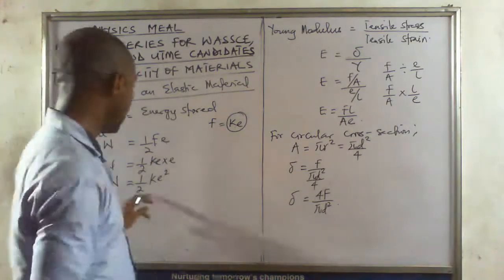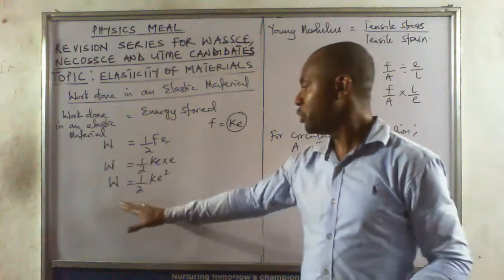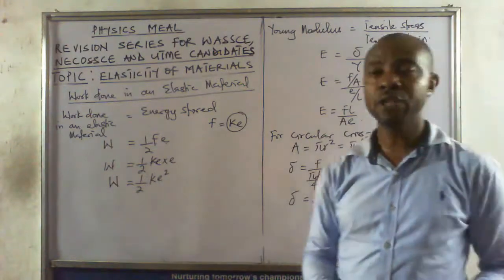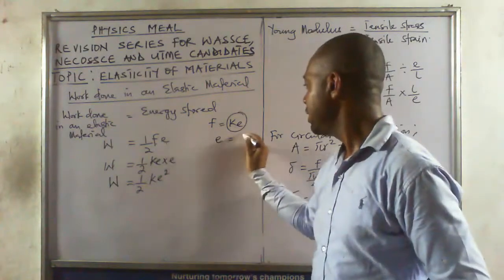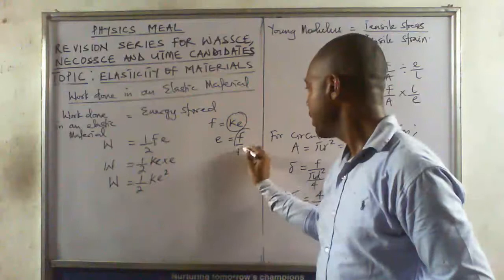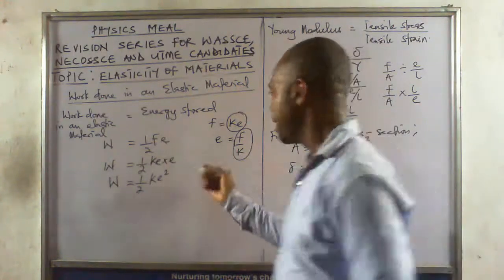And if I'm given the force constant and the extension, then I'm going to use what? The second expression. Supposing I'm given the force and the force constant, if I say that E is F over K, and I use the whole of this to replace E here, that's beautiful.